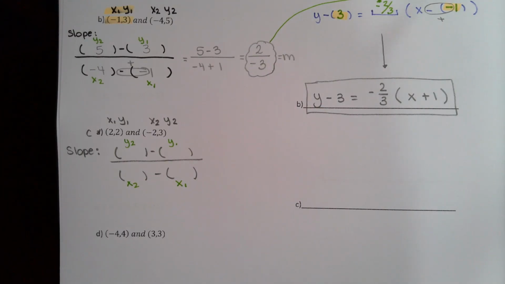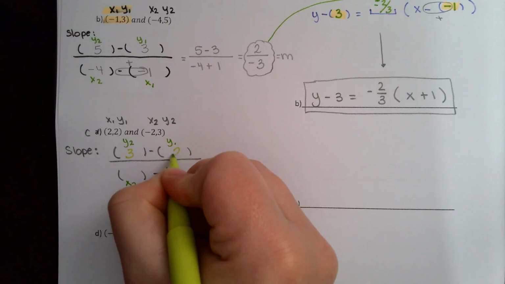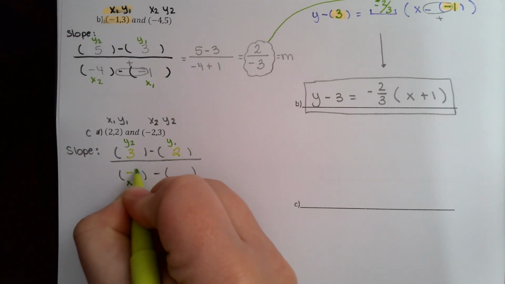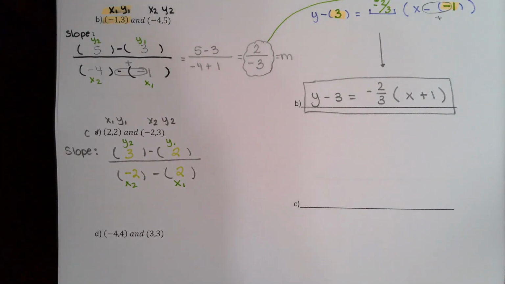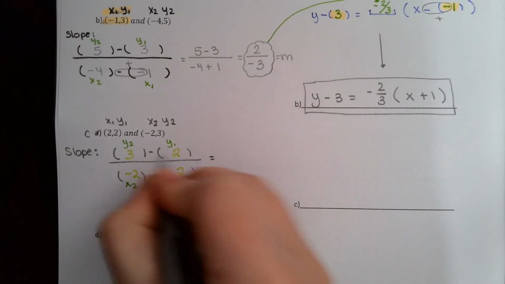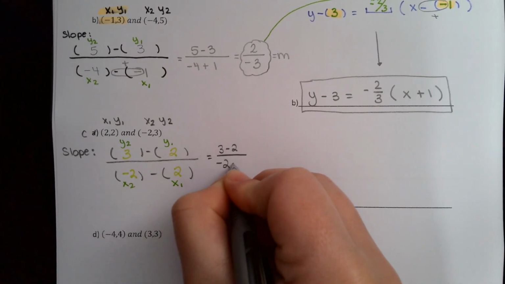Okay, what do we have? We have y2 is 3, y1 is 2, x2 is negative 2, x1 is positive 2. Okay, any double negatives? No, nothing to circle, so we get 3 minus 2, negative 2 minus 2.